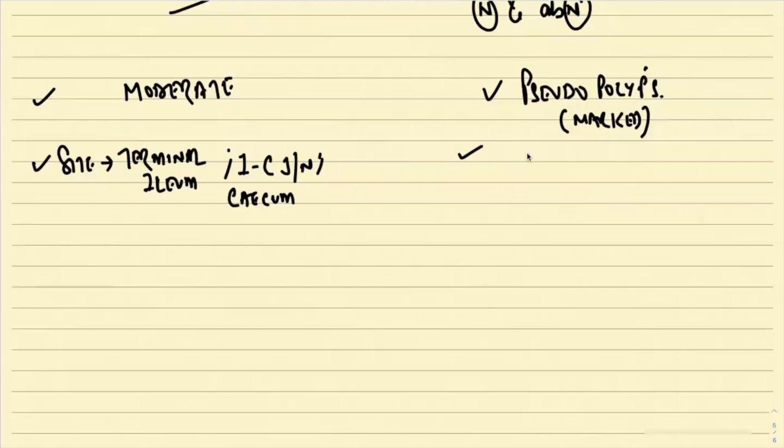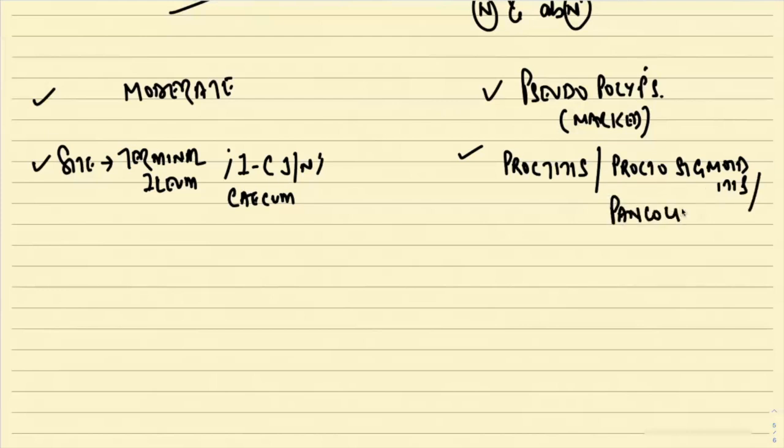Whereas the most common site for ulcerative colitis is the rectum, so it is called proctitis, or it will involve the sigmoid colon, causing proctosigmoiditis, or it causes what is called a pancolitis.